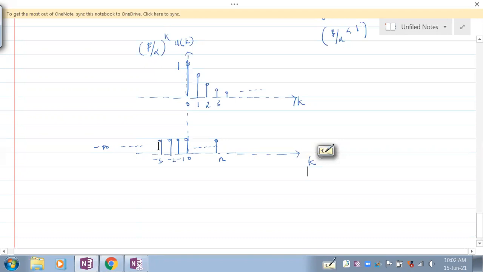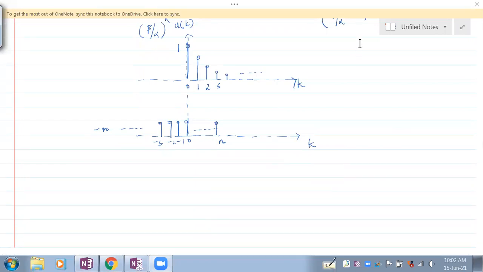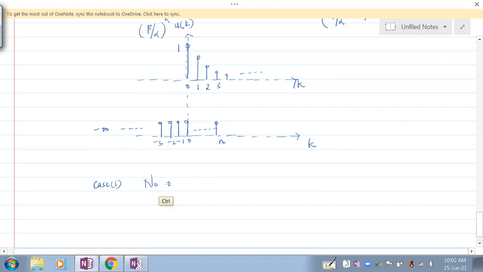What happens? There are again two cases. One is the no overlapping case and another one is the overlapping case. So case one: let's not say no overlapping directly, let's say when n is less than 0.